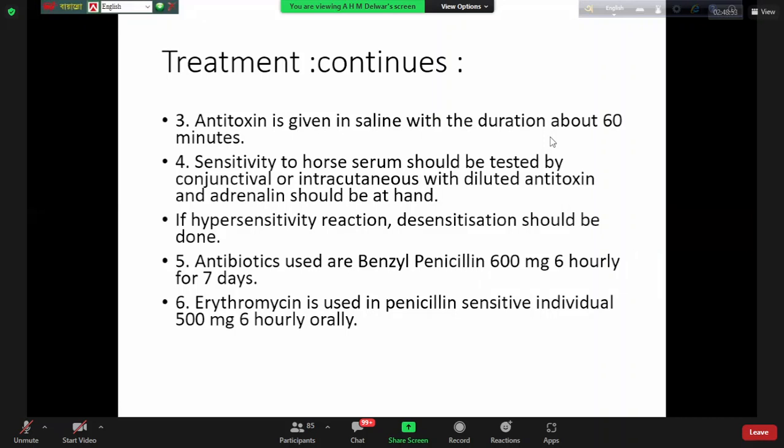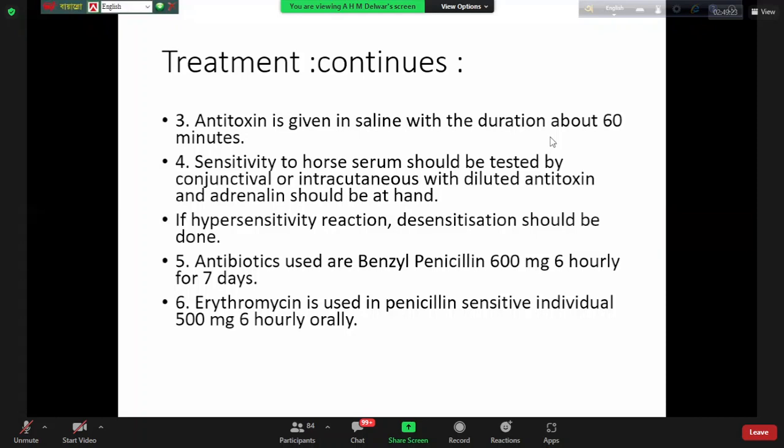Then we see if there is any drug reaction: the skin becomes indurated and red. If there is any reaction, we give adrenaline.